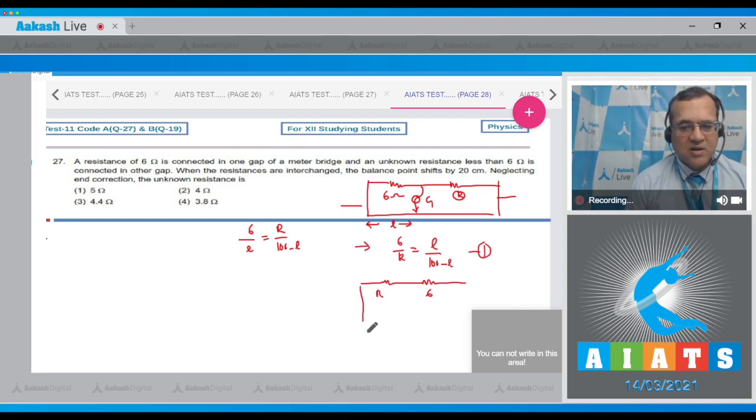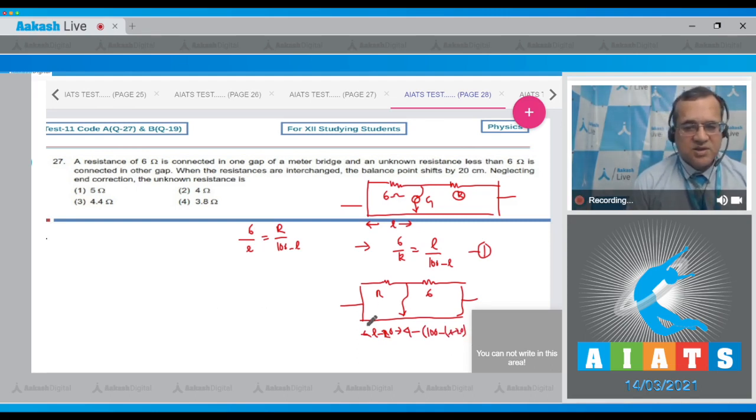Now the balance point will shift. Now see, R was less than 6, so the balance point should be closer to this, and definitely it will shift to the left. So this becomes L minus 20, and the remaining length is 100 minus L minus 20.